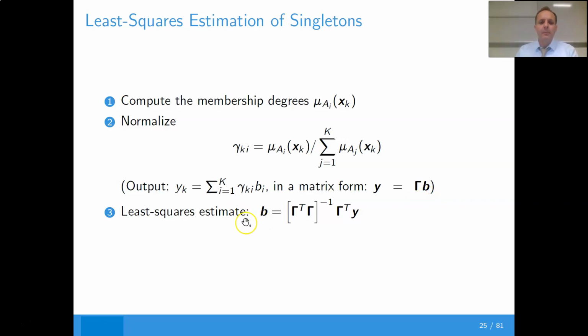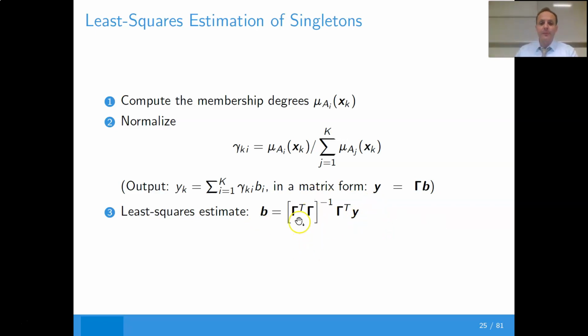So b, using a least square estimate, can be computed as the inverse of the multiplication of the transpose of gamma by capital gamma, multiplied by the gamma transpose by y. So y is the known term and b is the unknown term.